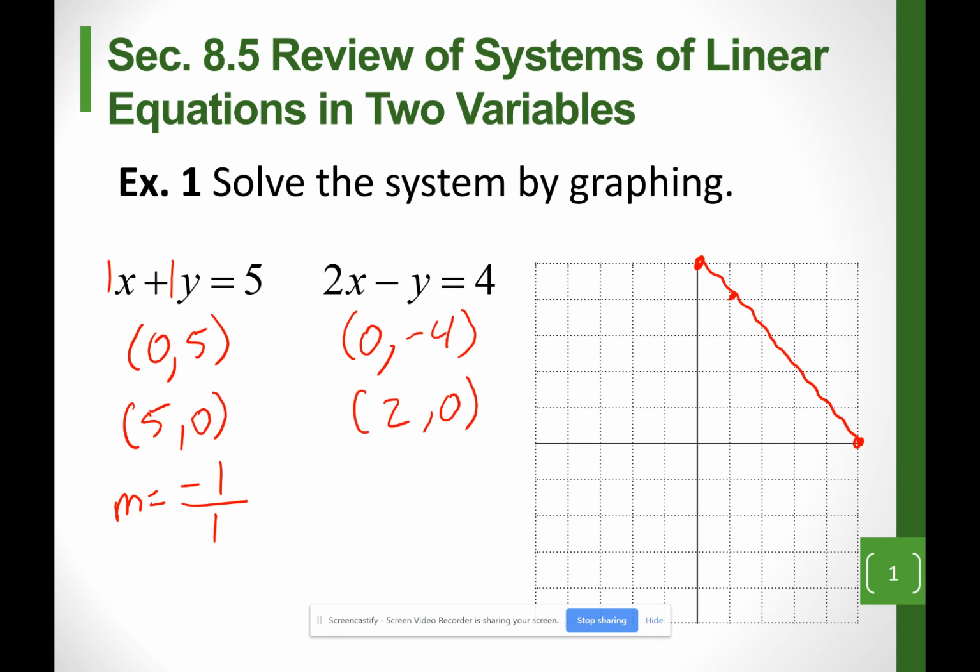I can already graph them. If I wanted the slope, it's negative 2 over negative 1. Remember, the opposite of the x coefficient over the y coefficient. So I have my point (0, negative 4) and my point (2, 0). I can just go for it with those two points.